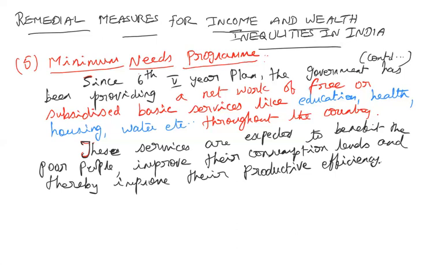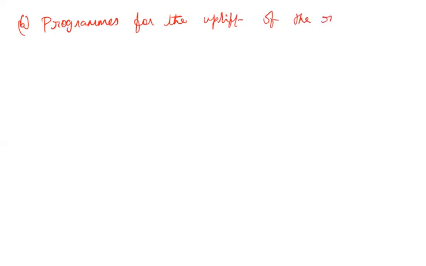And then the next program initiated by the government was the programs for the uplift of the rural poor. The difference between the previous program and this one is that this program directly targets certain sections of the poorer population.